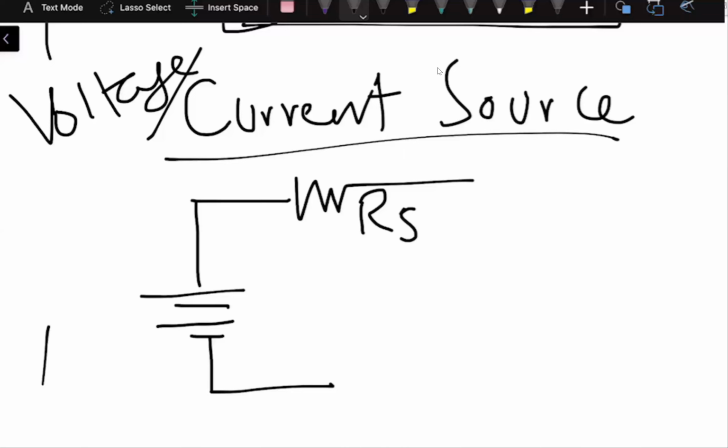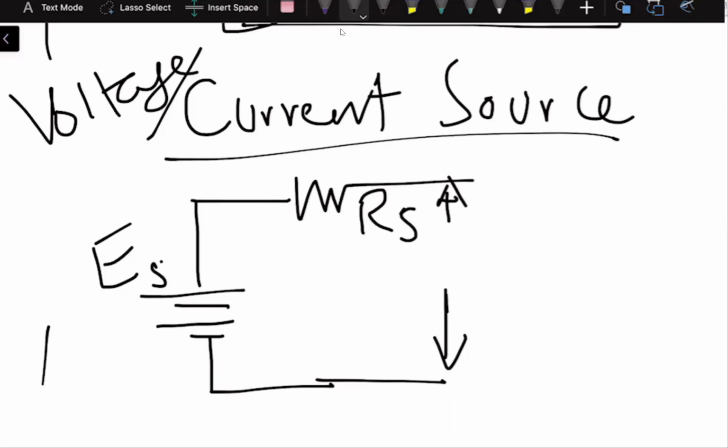So normally if this voltage source is ES, the resistance which is in series with it is the series resistance R or RS, and whatever voltage appears at these two terminals is given to the circuit. So this is basically a practical voltage source. Similarly, in the case of an ideal voltage source, the series resistance is taken out.